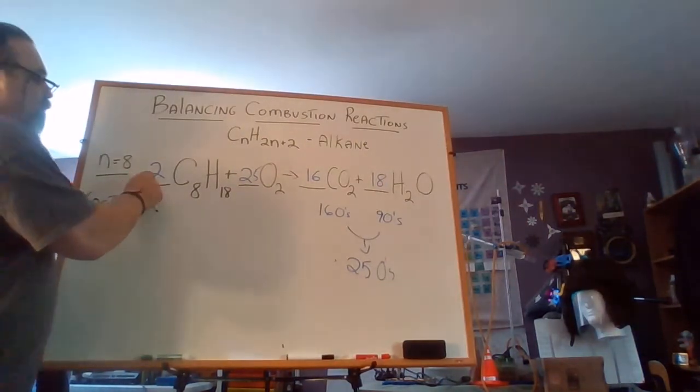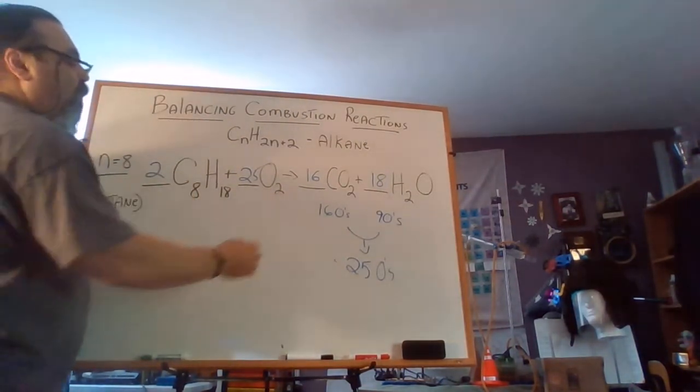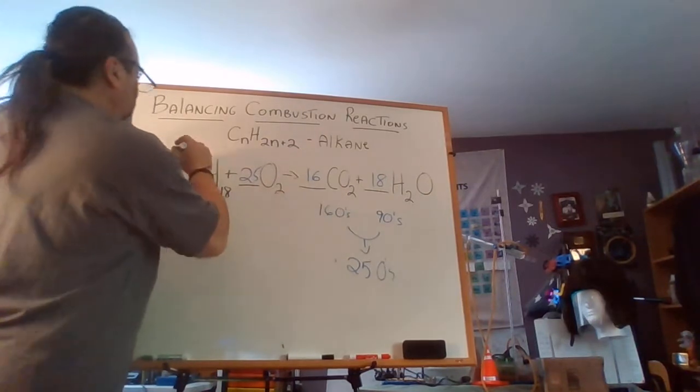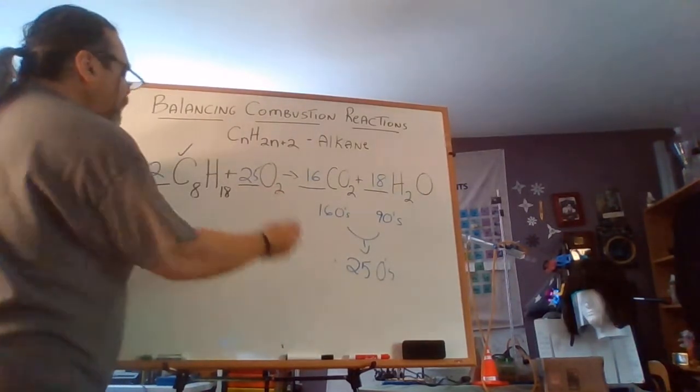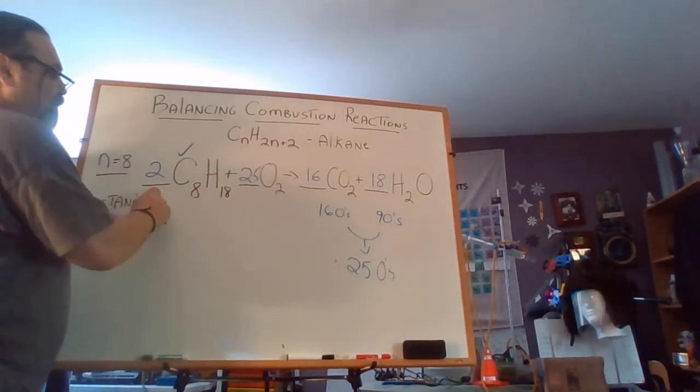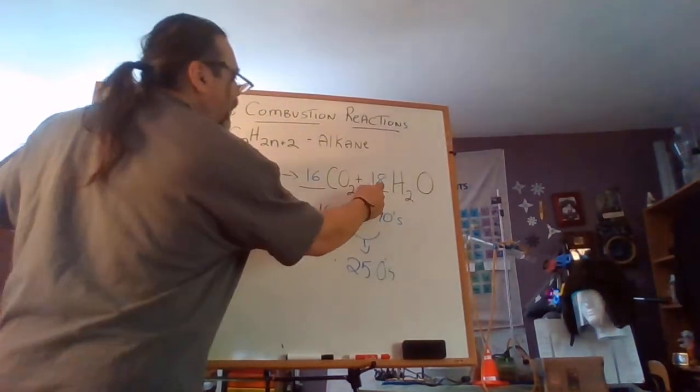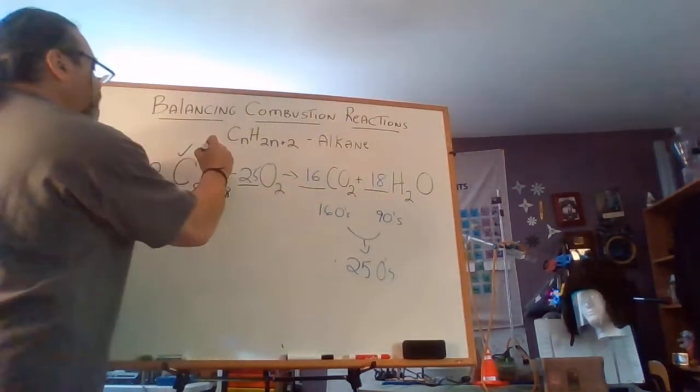Let's make sure. 2 times 8 is 16 carbons. 16 times 1 is 16 carbons. Carbon looks balanced to me. 18 times 2 is 36 hydrogens, and 18 times 2 is 36 hydrogens.